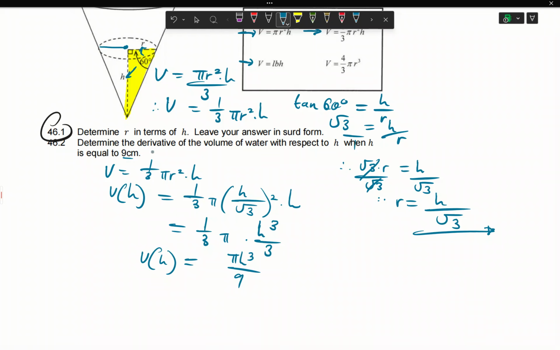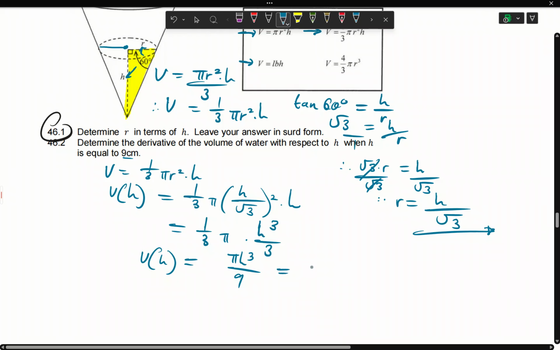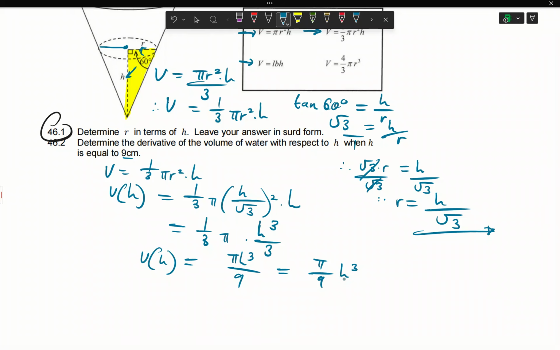So determine the derivative of the volume of water with respect to h when h is equal to 9. So now let's take the first derivative of this with respect to h. Let me just write it nicely for you. This is the same as pi all over 9. Pi all over 9 is a number, but now we're differentiating with respect to h, meaning h is your independent variable there.